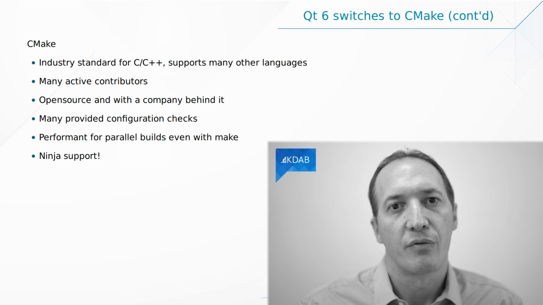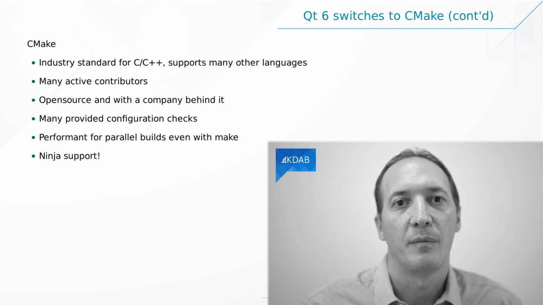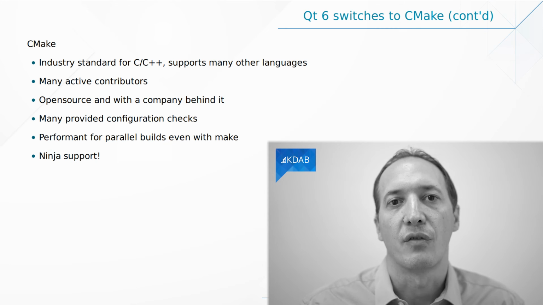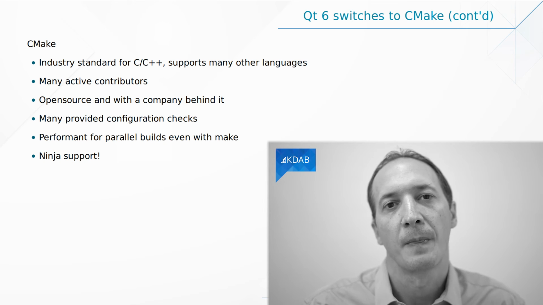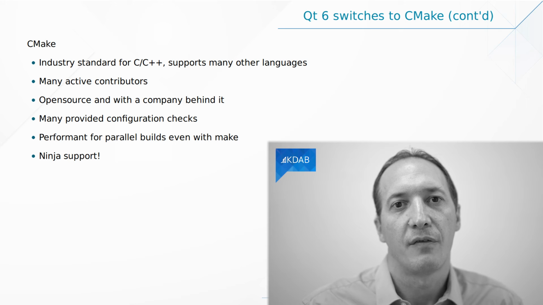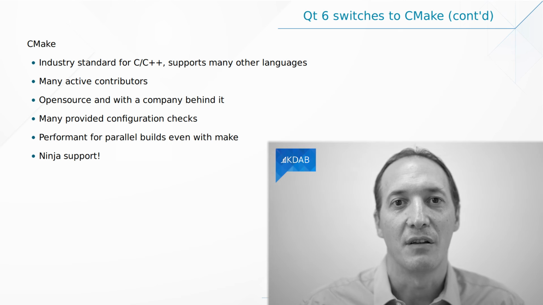CMake out of the box provides many configuration checks. That means if you want to look for the Z library or libpng on your system, it has a module for that, which makes it really easy to use. And of course, you can add your own find modules for other libraries as you want. It's quite fast for building projects because, as we talked about, it doesn't use recursive make, it's actually non-recursive.